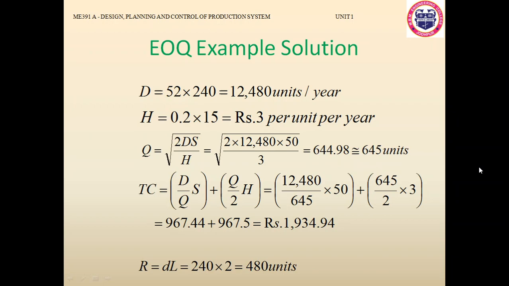Then comes the holding cost, that is 20% of the unit cost. Then we calculate the quantity, then using that quantity we get the total cost, and then you can get the reorder point. That means once your units go down to a certain number, you should reorder the product. So 480 is the number of units.